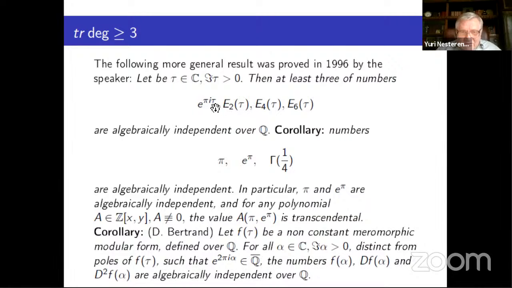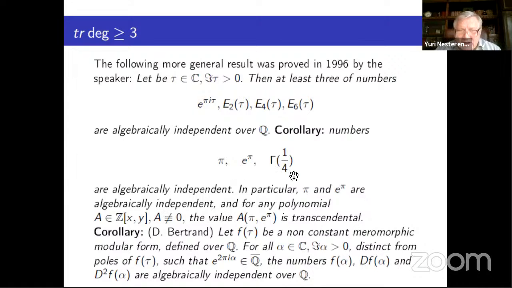And this is the same for the case when this exponent is an algebraic number, and then these three values of Eisenstein series will be algebraically independent. So now some precise examples. If we take tau equal to i, we derive the algebraic independence of the three numbers pi, e to the pi, and the gamma value of 1/4.